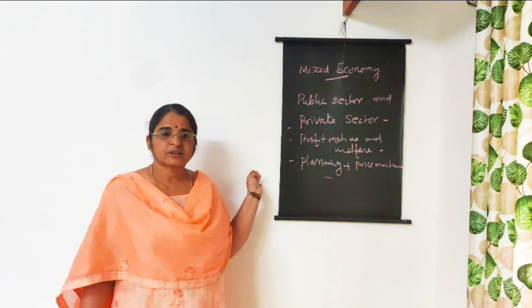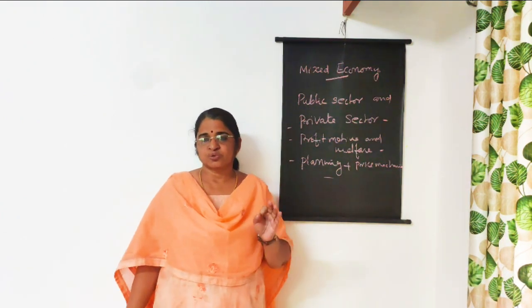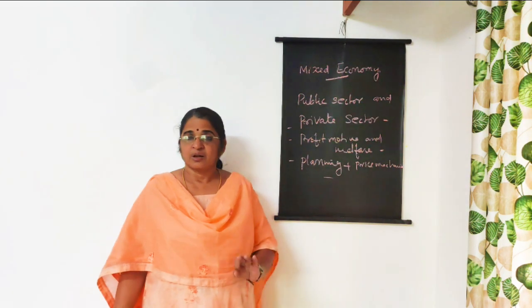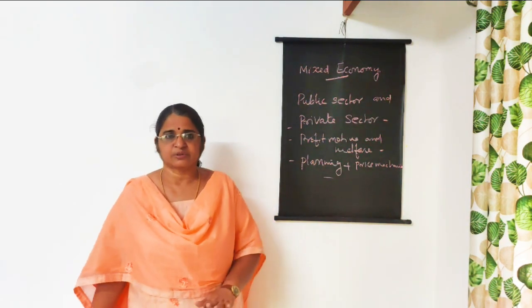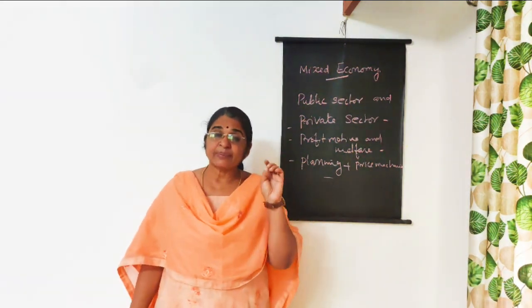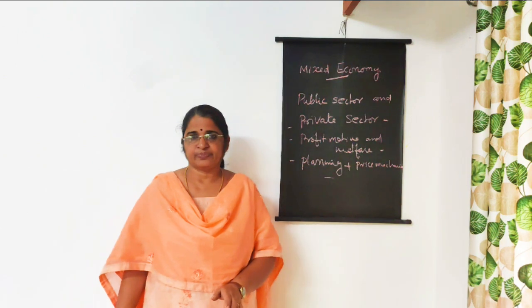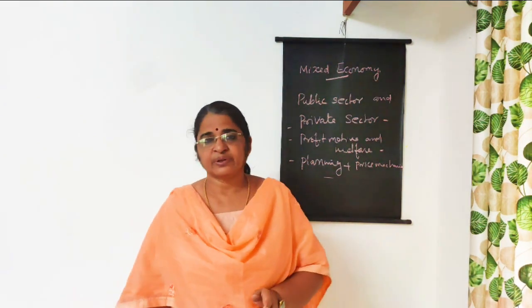So, there exist 3 economic systems in the world: socialism, capitalism and mixed economy. Socialism is otherwise known as centrally planned economy. It gives more importance to social welfare.